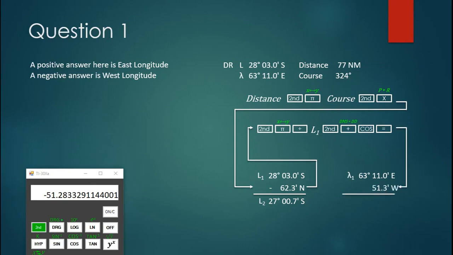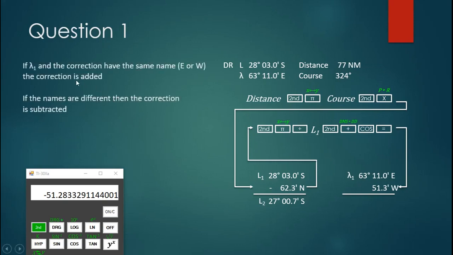And with the names being different, it works just like the latitude. If the names are the same, east or west, we would add that correction. If the names are different, we're going to subtract the correction. So in this case, the names are different, so we'll subtract the correction.